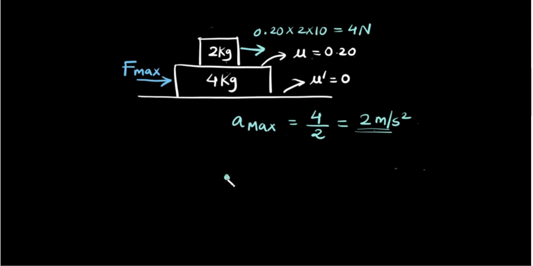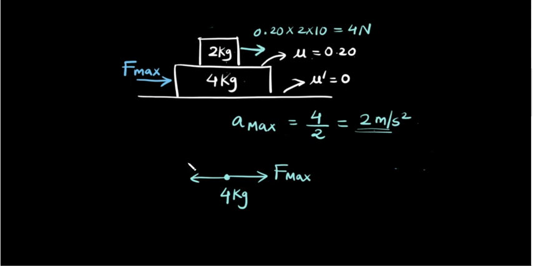So if I draw the free body diagram of the 4 kg block, there will be F max force over here, and there will be frictional force, right? The frictional force by the 4 kg block on the 2 kg block is in the right direction. Then the frictional force by the 2 kg on the 4 kg block will be in the opposite direction.